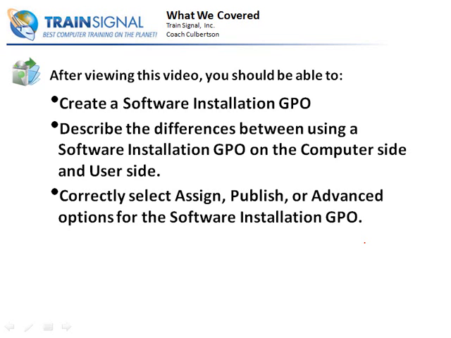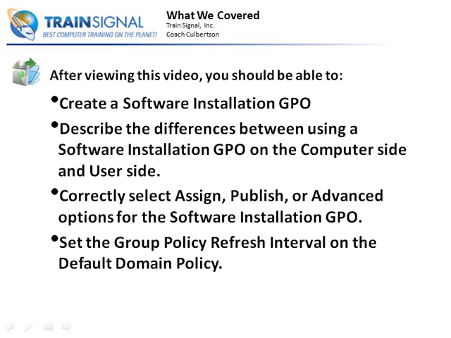Remember, using the options in the advanced section, you can upgrade your software, and using the group policy object setting itself, you can actually uninstall software as well. So remember, you can install, upgrade, and remove software using these techniques.